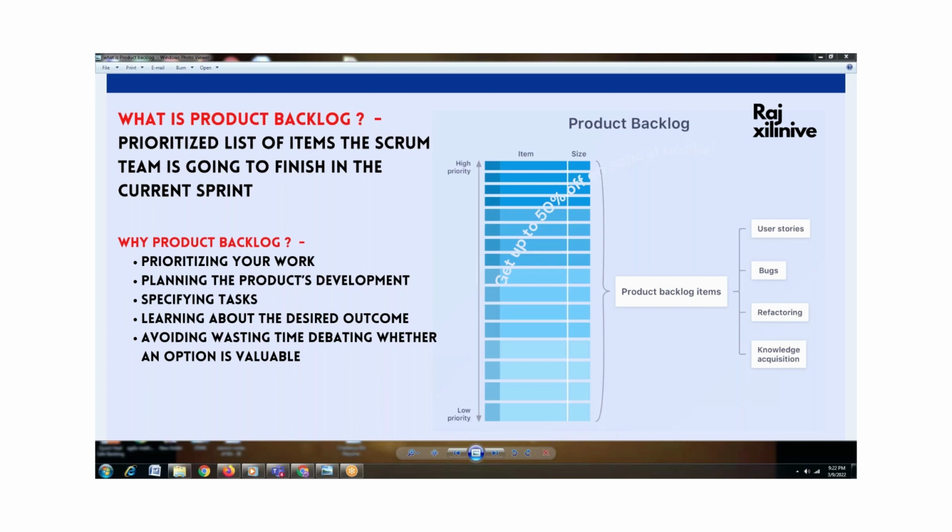So these are the aspects which come under the product backlog, which is useful and essential when we are working on agile development. Whenever we have created epics and user stories, there is a product backlog, which I explained in the agile planning part.